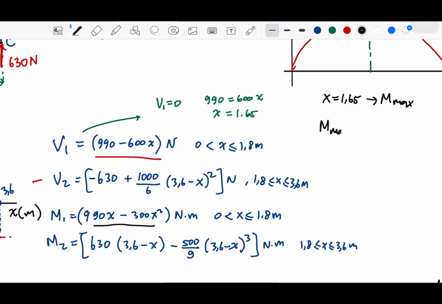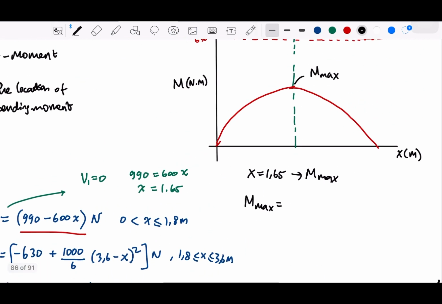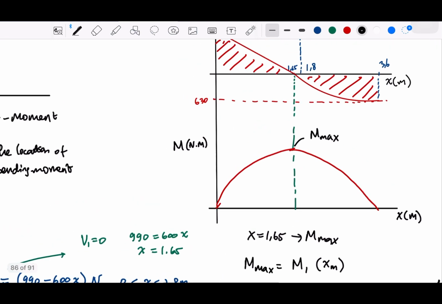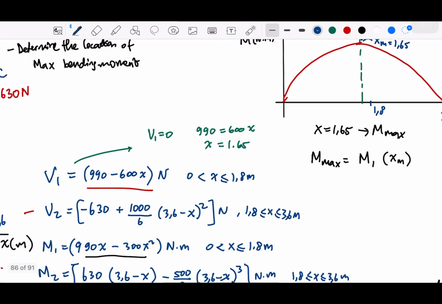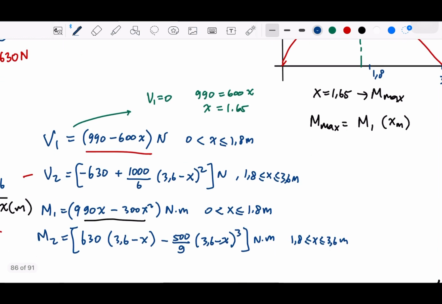So the M max is M1 multiplied with the X M. Let me write here, this is 1.8, this is XM is 1.65, this is 3.6. So if we put M1 here, I didn't bring my calculator.